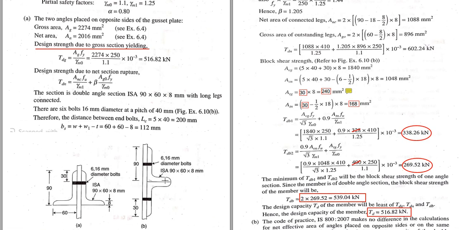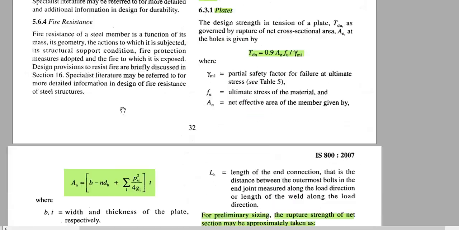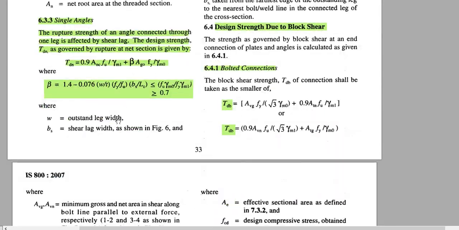So in this figure, this is AG, 22.74, that means in millimeter square it will be 2274 millimeter square. So this will be the answer in kilonewton. The design strength due to net section rupture will be, the formula which I have explained, this one.